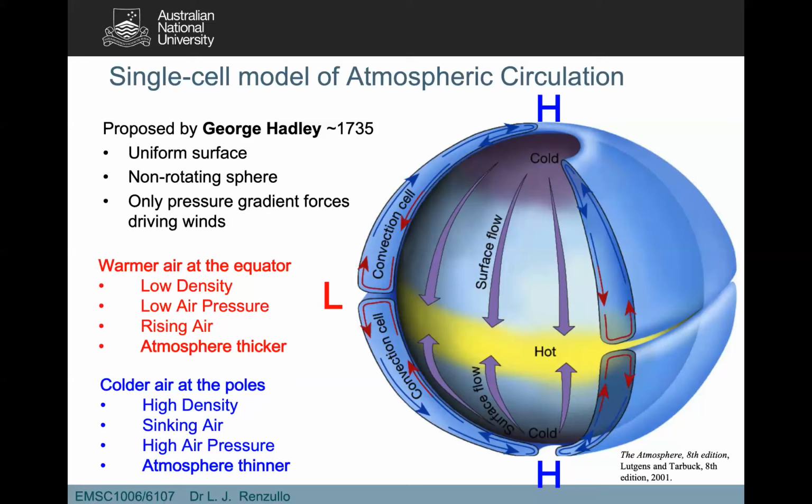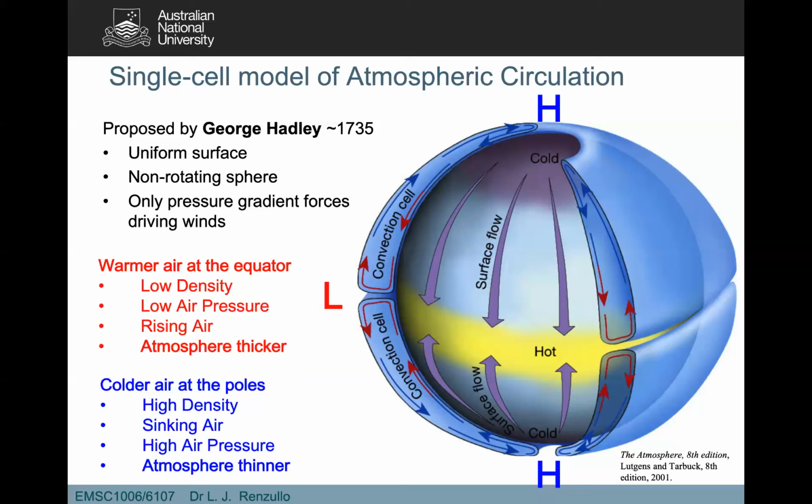As it descends, it exerts a pressure on the surface. The resulting pressure there is a high pressure. So this is an example of that convection cell, the single cell model describing the large-scale variation in circulation proposed by Hadley.